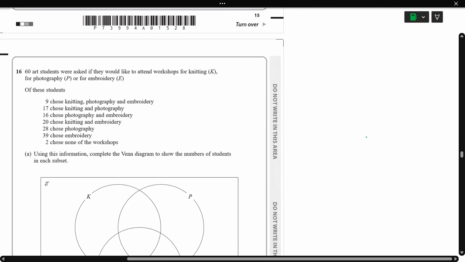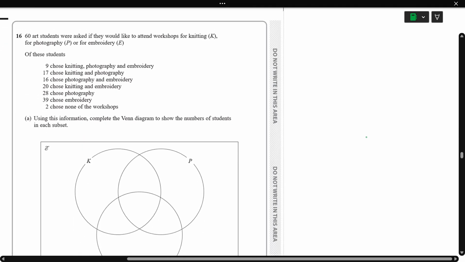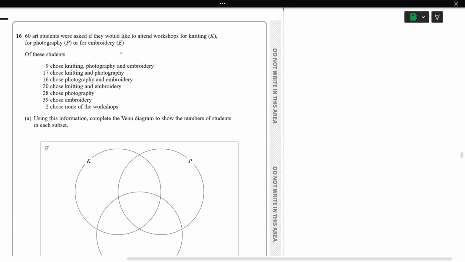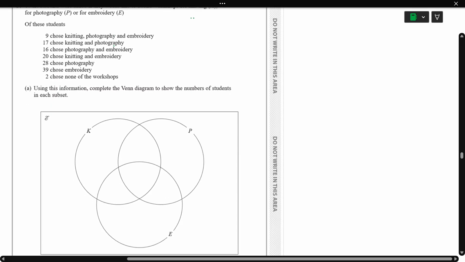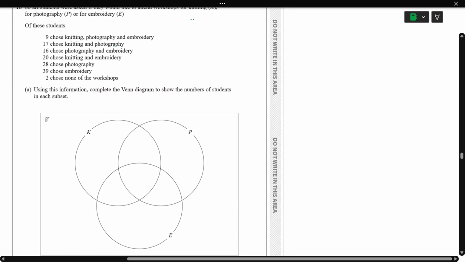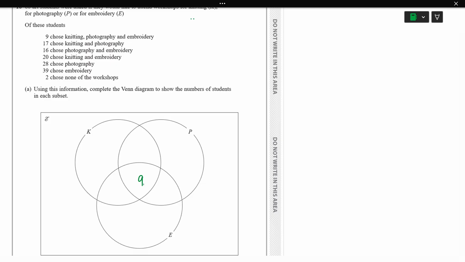Okay, the next question, question 16. There are 60 art students who were asked if they would like to attend a workshop for knitting, for photography or for embroidery. There are three things, K, P, E. The diagram is given already. 9 choose knitting, photography and embroidery, so 9 is going to be here.